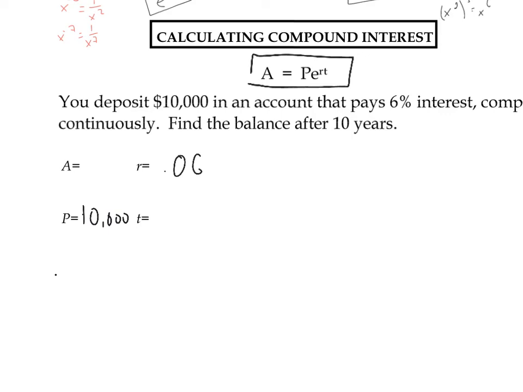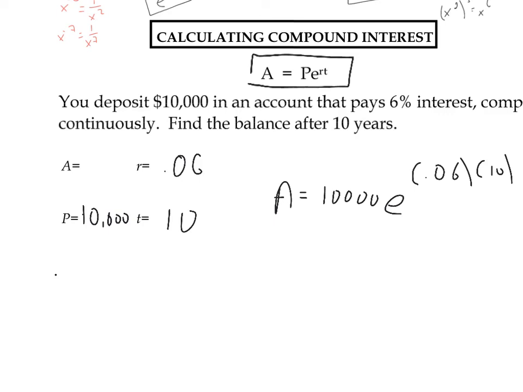Please remember, we are using decimals. t is 10 years. So the formula is A equals 10,000 times e raised to 6% times 10, which will be 0.06. I'm going to put it in parentheses, 0.06 times 10.